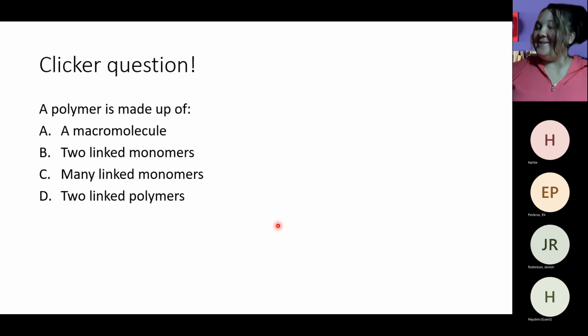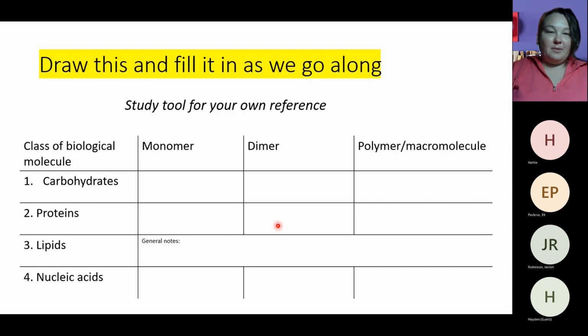Yes, you all chose C, which is the correct answer. A polymer is many linked monomers.